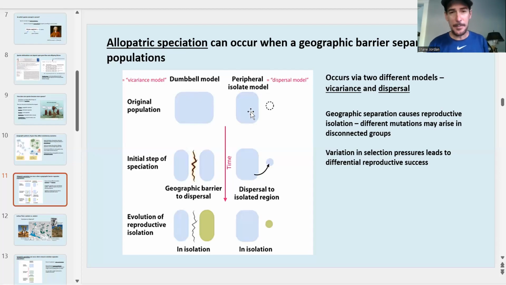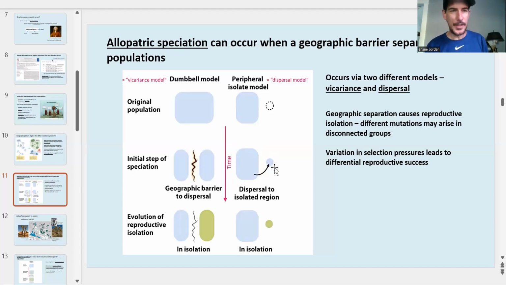Something very similar is happening with the dispersal model, where this small subset of the original population colonizes a new area. And again, they're probably accumulating different new mutations. Maybe if it's a small population, also it's really susceptible to the effects of genetic drift because it has a small effective population size. And maybe this new region is environmentally very different than the region where the original population occurred.